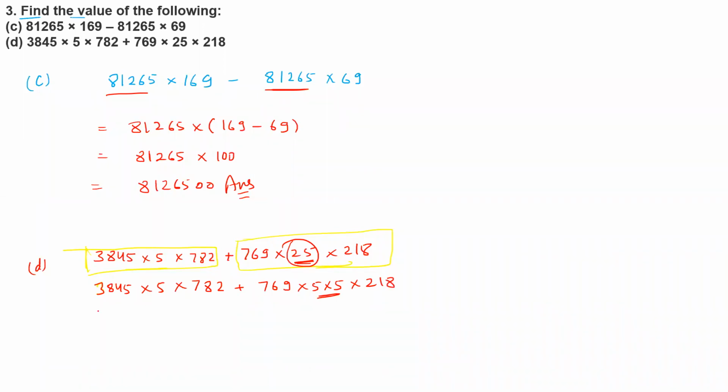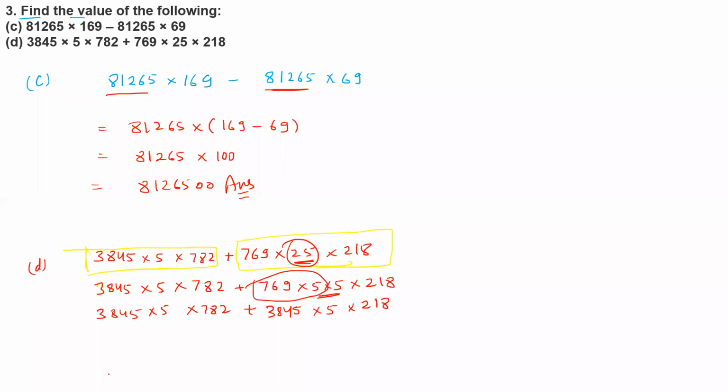So I am going to write 3845 multiply by 5 multiply by 782 plus, now multiply these two numbers, so 769 into 5 into 218.